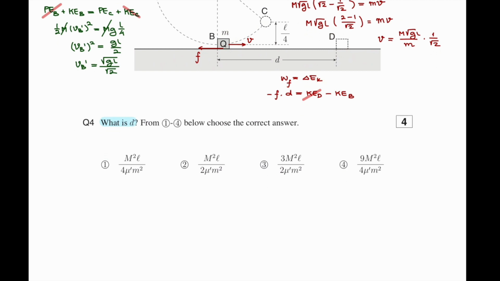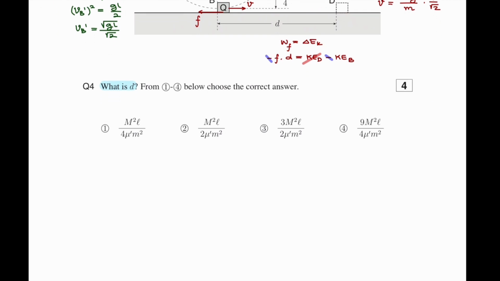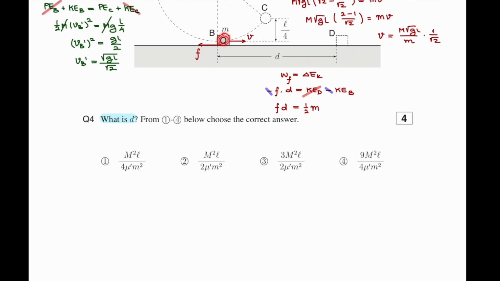And then I can cancel out the negative sign here as well. Then my equation is Fd is equals to half m, the m is small m because we focus on object Q now, times v square.